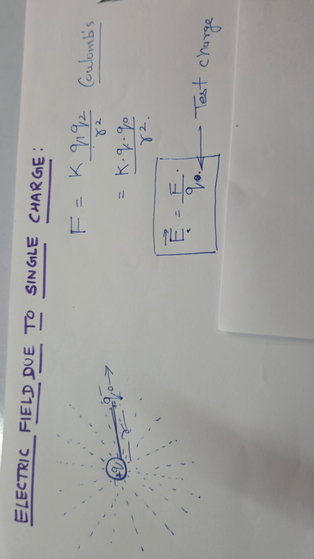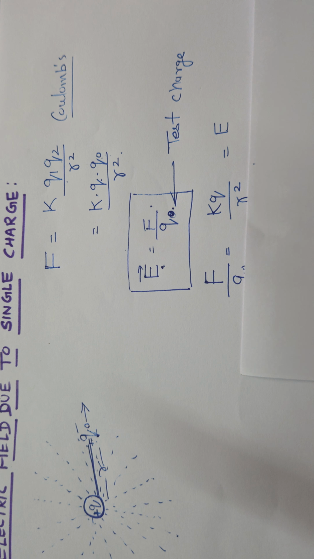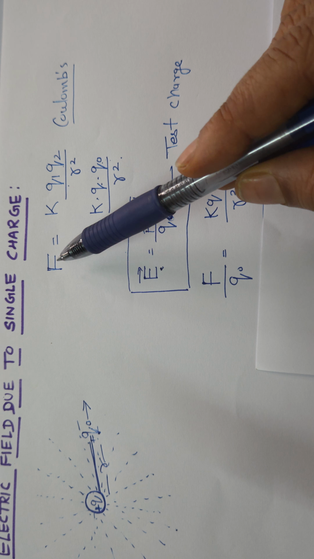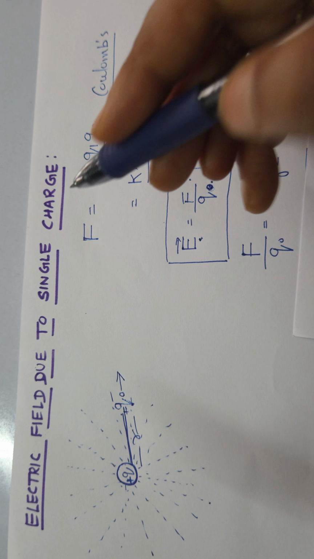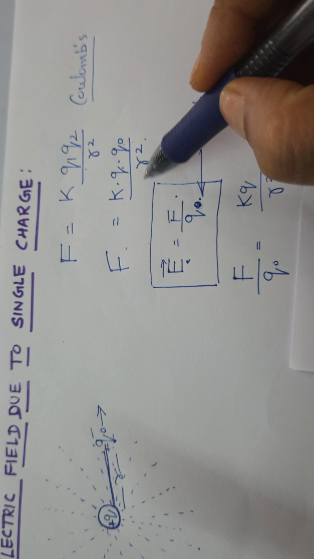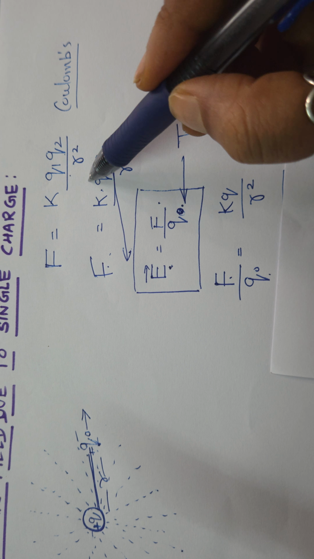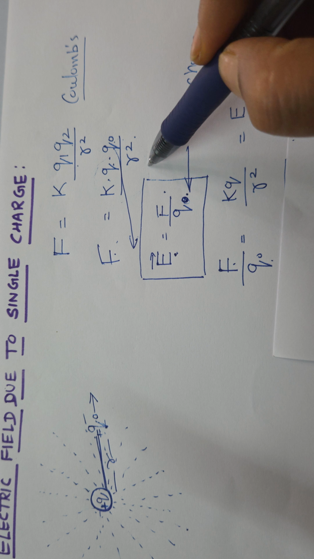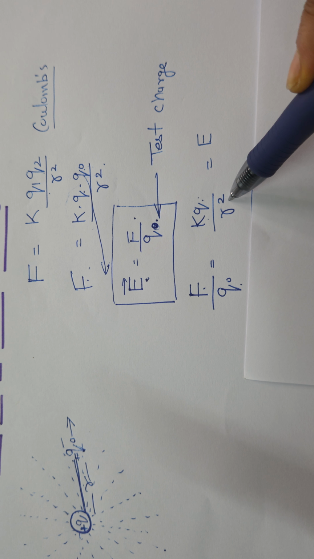So we know this formula. Can I bring this q naught here? It's like this: F, the force, divided by q naught. What is left over is k q by r square.